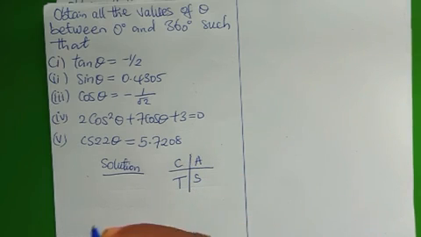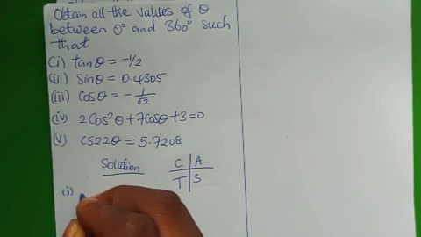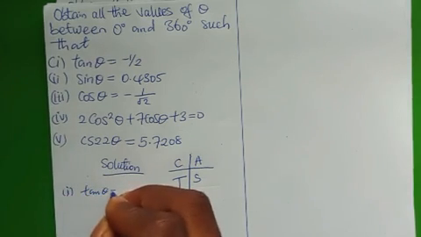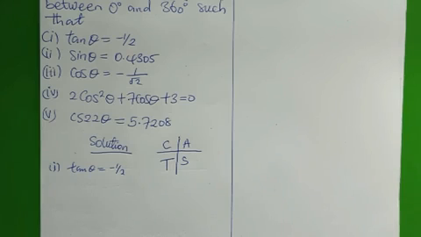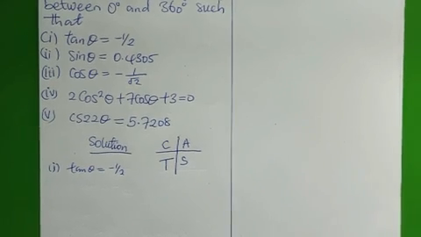Okay, so in question number i, it says that tan theta is equal to negative half. Now the question is, which acute angle will its tan give us half? Let's forget about the negative first.